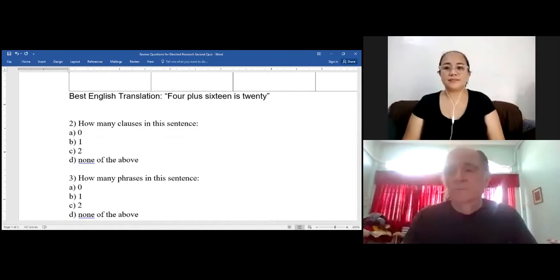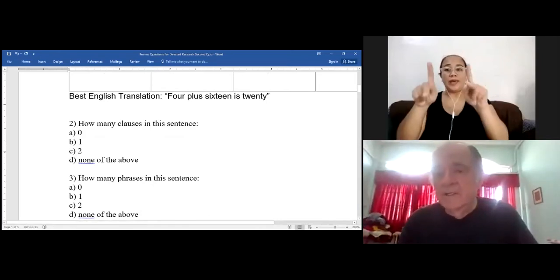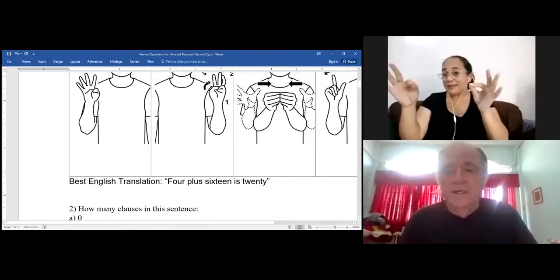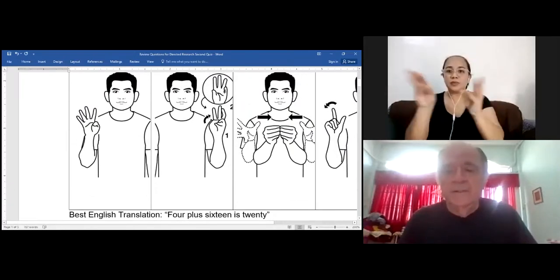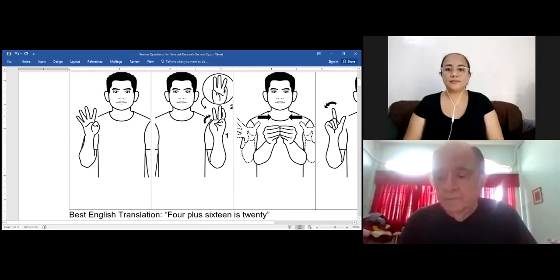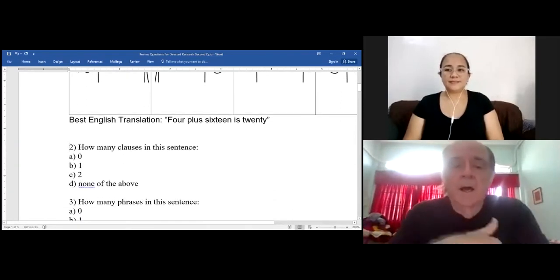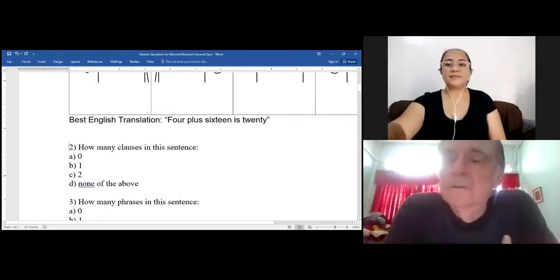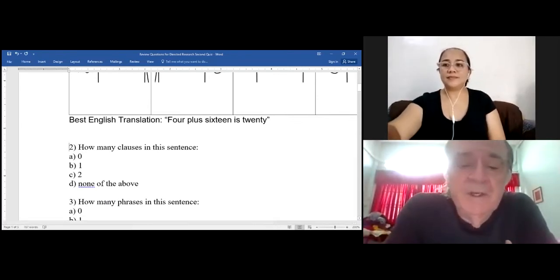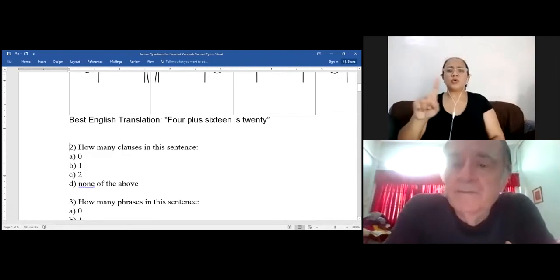Okay, now, again, the sentence is 4, 16 together, 20. Can anyone tell me the difference between a clause and a phrase?